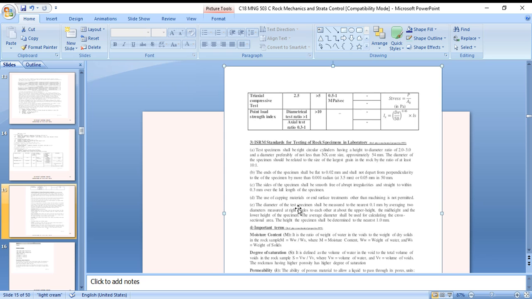The sides of the specimen shall be smooth, free of abrupt irregularities and straight to within 0.3 mm over the length of the specimen. The use of capping material or end surface treatment other than machining is not permitted. The diameter of the test specimen shall be measured to the nearest 0.1 mm by averaging two direct measurements at right angles to each other, at least at the upper height, the mid height and the lower height of the specimen.